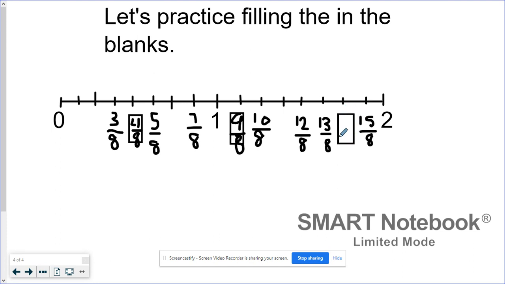What would go in the middle of these two fractions? You guys rock. 14/8. Good job. So now you know how to label fractions on a number line that is greater than 1. All right.